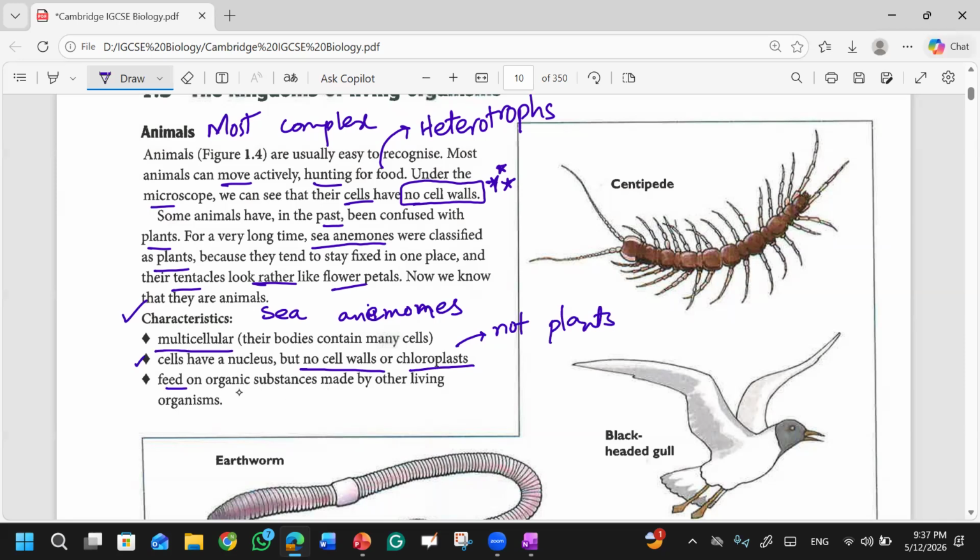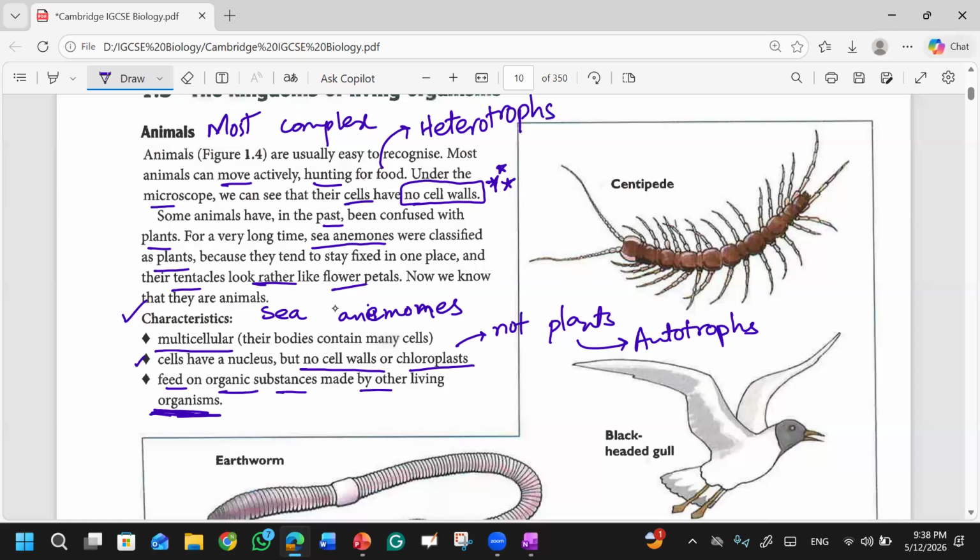Afterwards, they feed on organic substances made by other living organisms. This is important. I told you plants are autotrophs, right? They can prepare their own food. You remember the difference between autotrophs and heterotrophs? Heterotrophs are those organisms that hunt for food. They cannot prepare their own food.